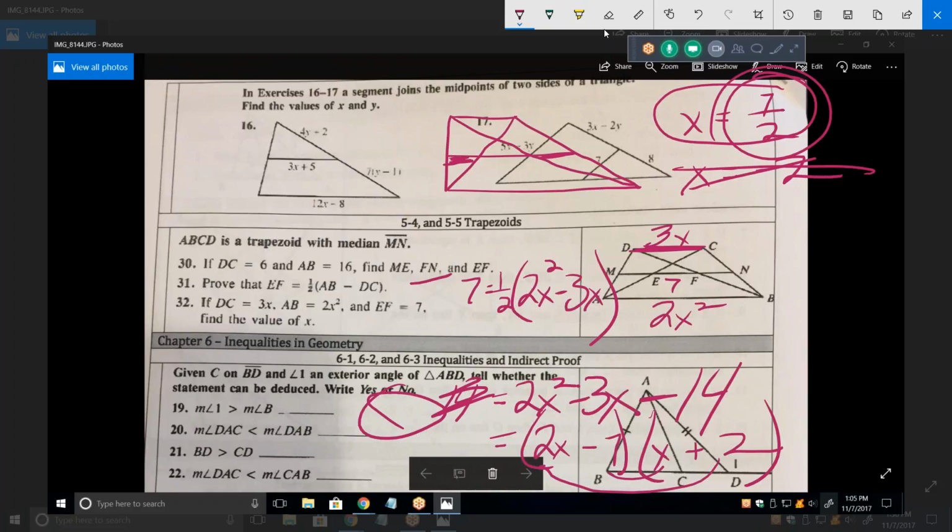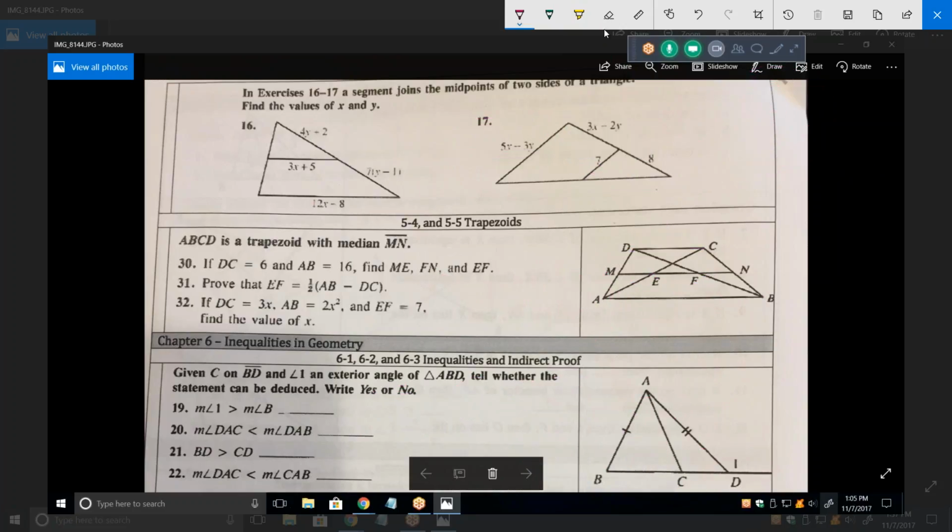Even if I assume it's an isosceles trapezoid, well, yeah, because that changes everything. That makes that line the same as that line and lets you do all kinds of things. So you definitely need to know this is an isosceles trapezoid to do that problem.